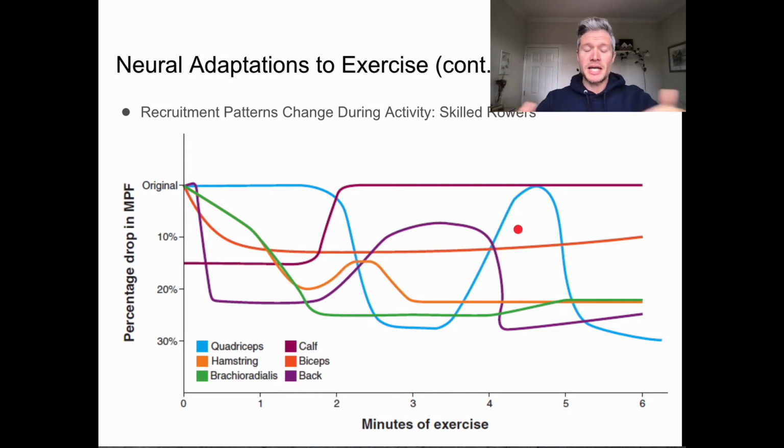Okay, and so that's one of the big differences: in order to sustain a certain level of output, our neural adaptation will change the recruitment patterns throughout an activity to be able to share the load between muscle groups.